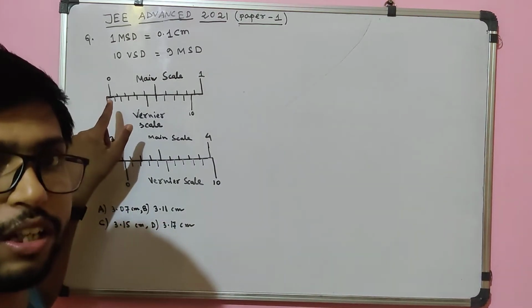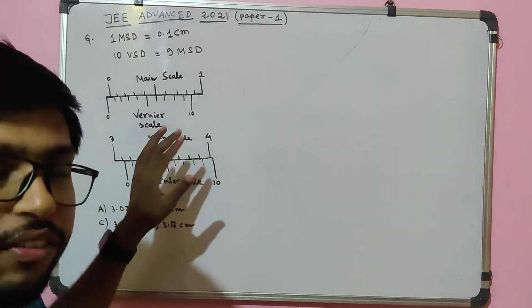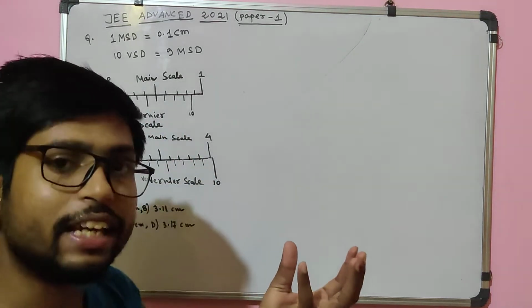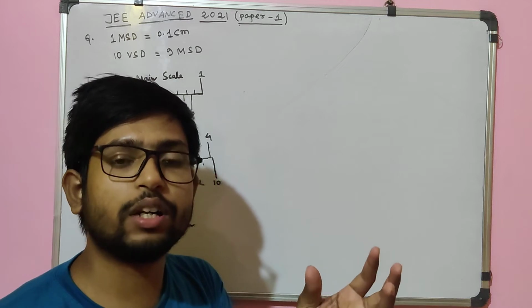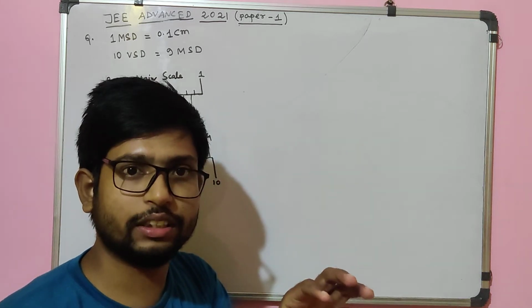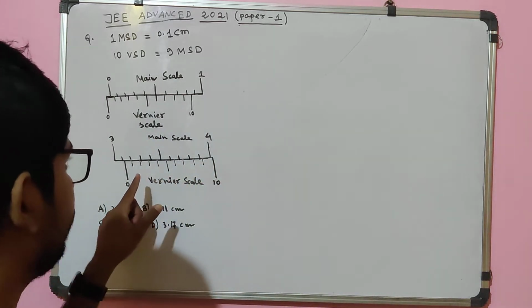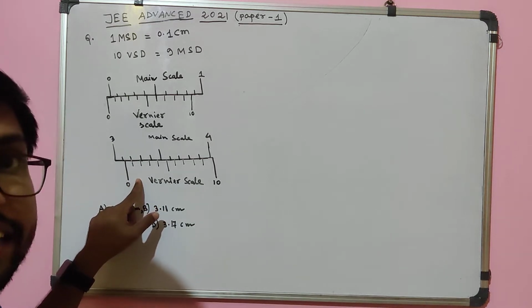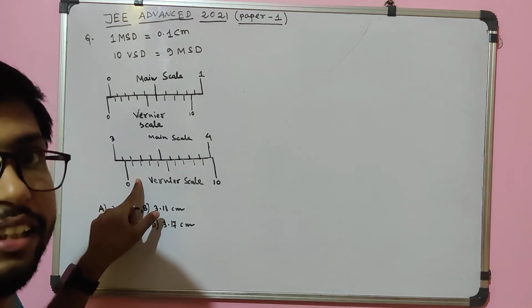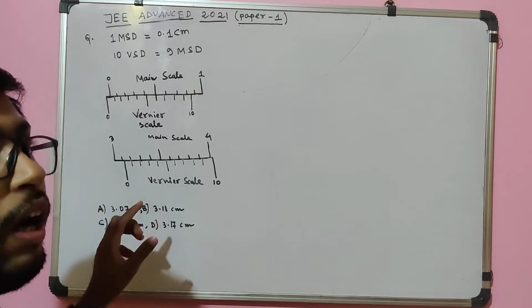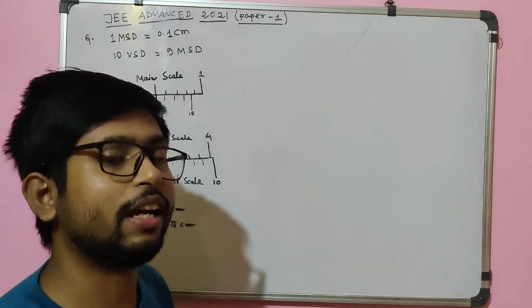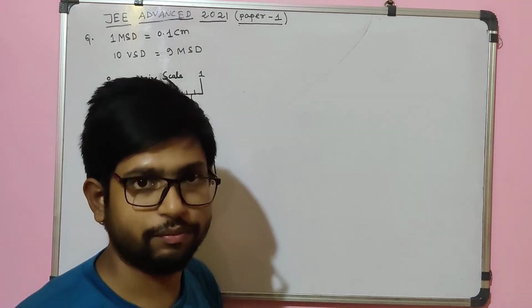That is given in the question. And if one spherical ball is put in between the two jaws, then you have to find the diameter of that spherical ball.